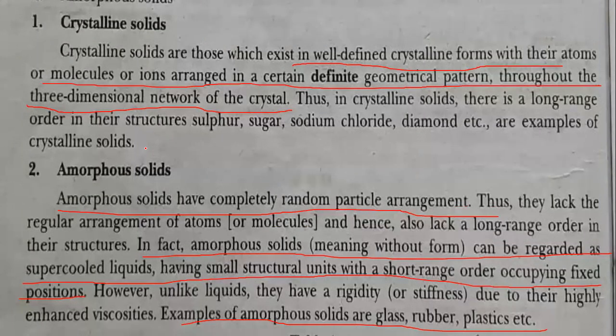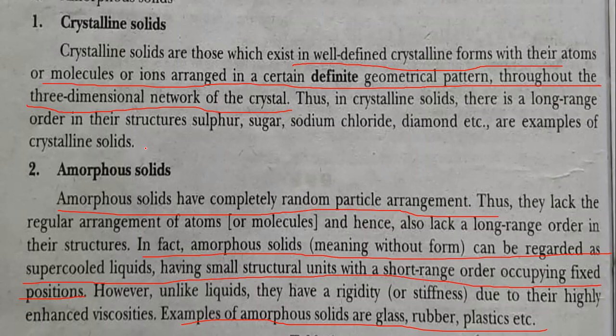In an amorphous solid, atoms, ions, or molecules are randomly arranged, and thus they lack a specific or regular arrangement in the long range. In fact, an amorphous solid can be regarded as a supercooled liquid having small structural units with short range order occupying fixed positions.